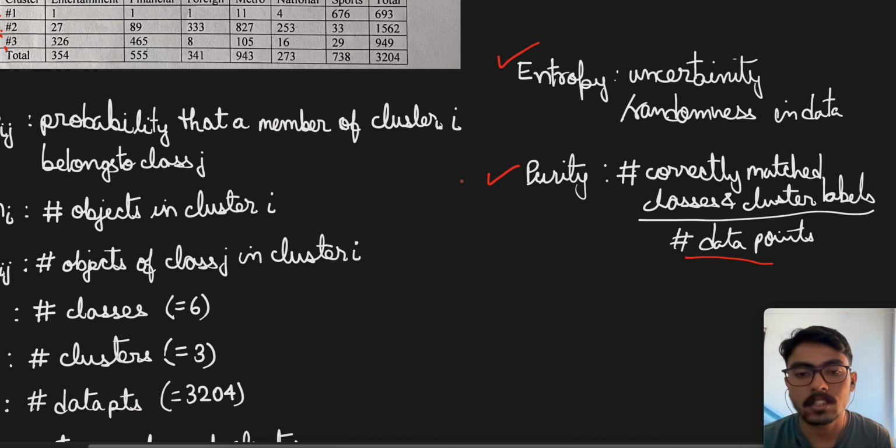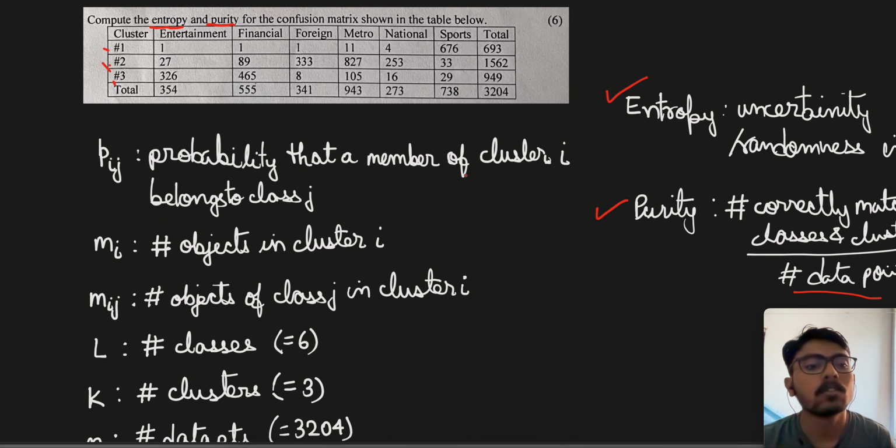So this gives an idea of what purity is. It's mostly the opposite of entropy, but in a different manner. It's more standardized.